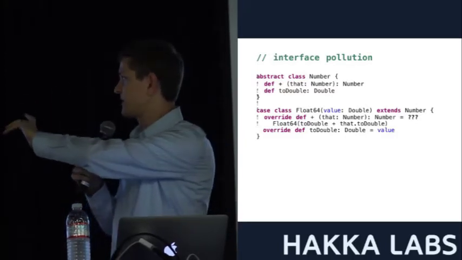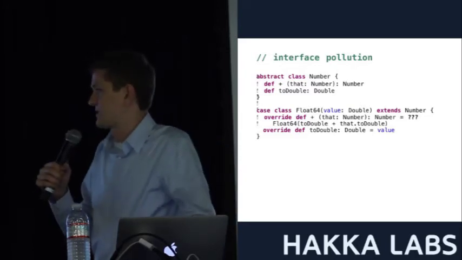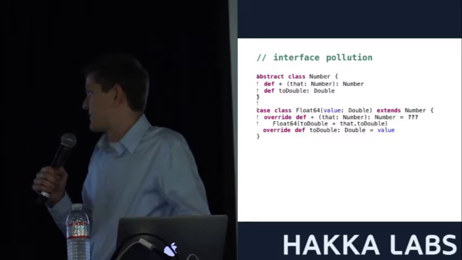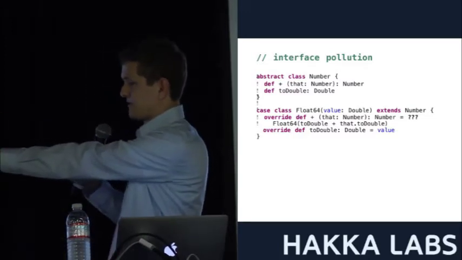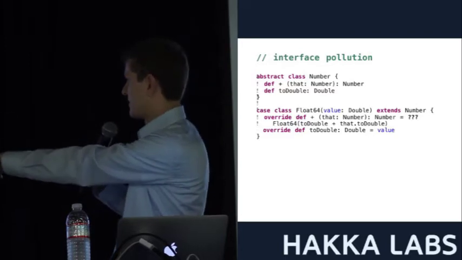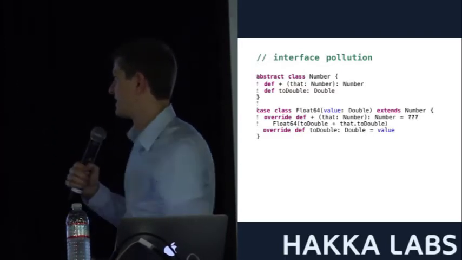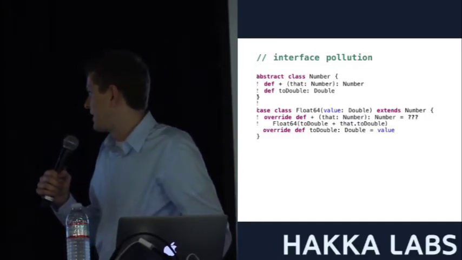But what happens when you have another case? So now we want to do it for 64-bit integers. That's also a number. First of all, you now are mixing the implementation for your long implementation with your double implementation. So you're forced to provide a conversion, but that's not so bad.